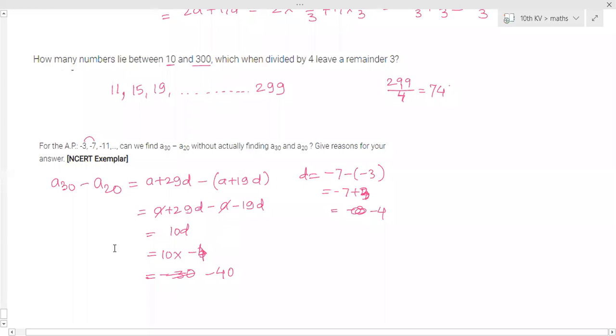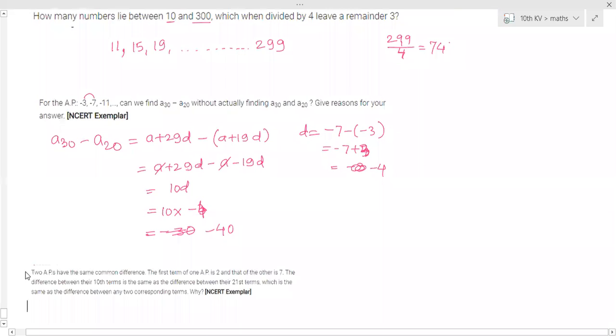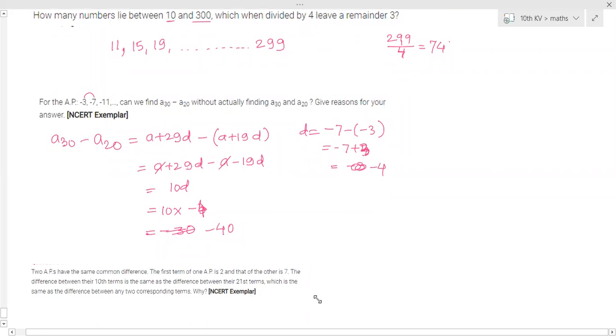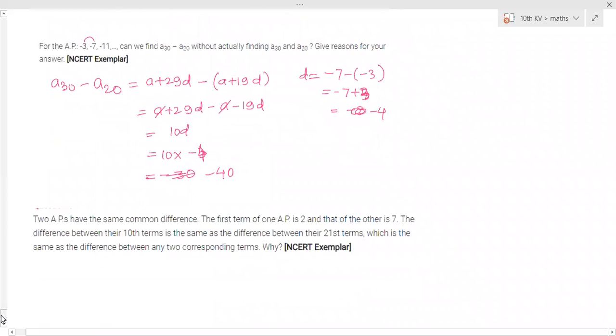You can find it out. Can you try this question? This kind of question we have solved, if you recall it.